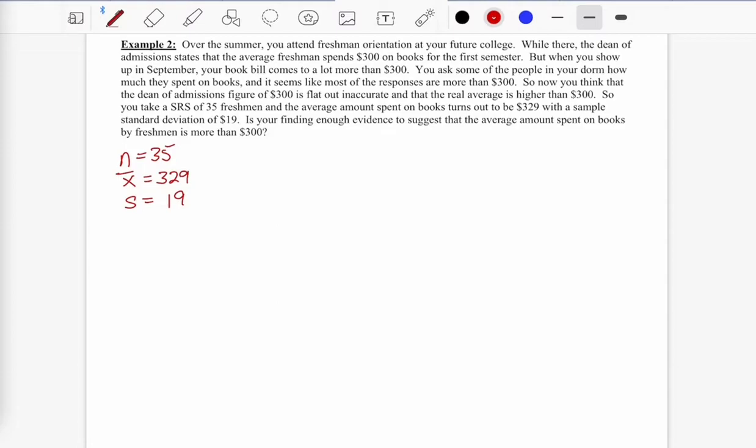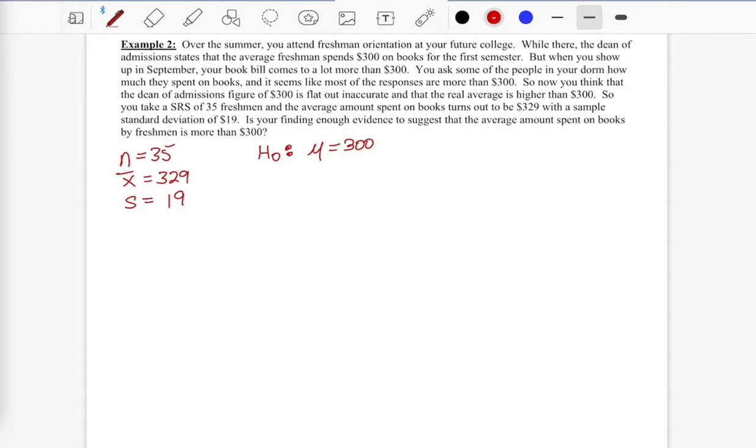We need to make a determination if that projects out to the population in a way that we can conclude that the true average price for textbooks is more than 300. All right, so my null hypothesis is going to be that the average is 300. All right, that the dean isn't lying. The dean's telling the truth. All right, we default to that.